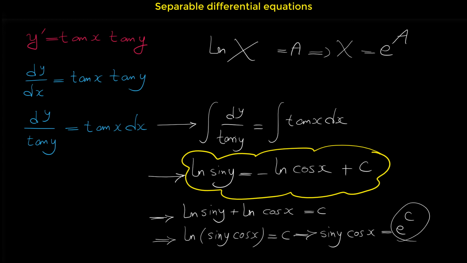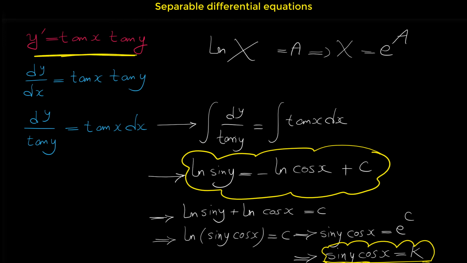If we name this constant something like k, we can write this answer in the form of sine of y times cosine of x equals k. And this is the final solution of this differential equation. Sine of y times cosine of x equals k.